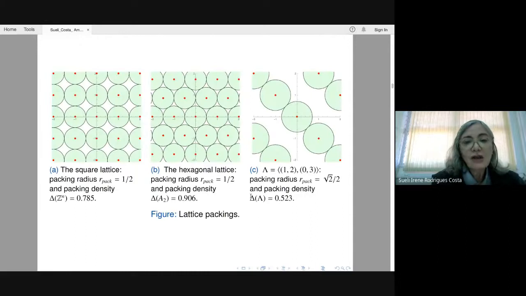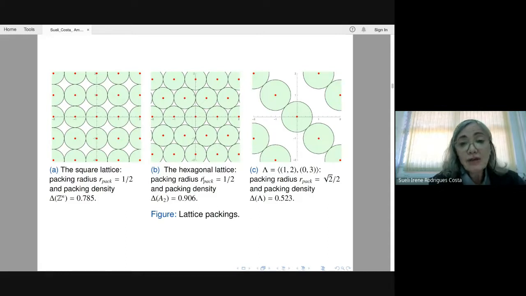Here it's more intuitive, so we deal with the first definition. We exemplify with the same lattices we presented before. The packing radius for the Z^2 lattice is a half, because the minimal distance is 1, right? So the radius is a half, and the packing density is about 78%.